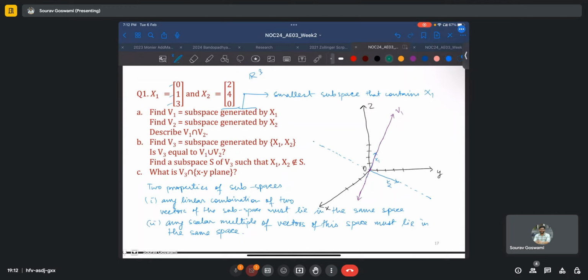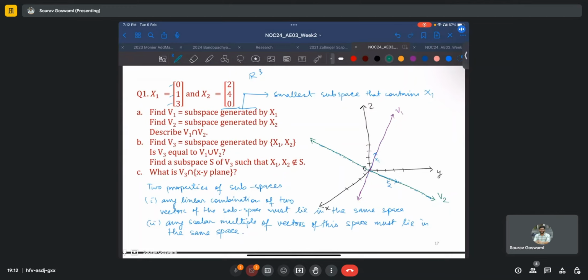So similarly for any linear combination of x2, like x2 plus minus x2 equals 0, x2 plus 0 equals x2 and so on, must lie along this line that contains x2. So if I use the color green here, the straight line containing x2 and passing through the origin.